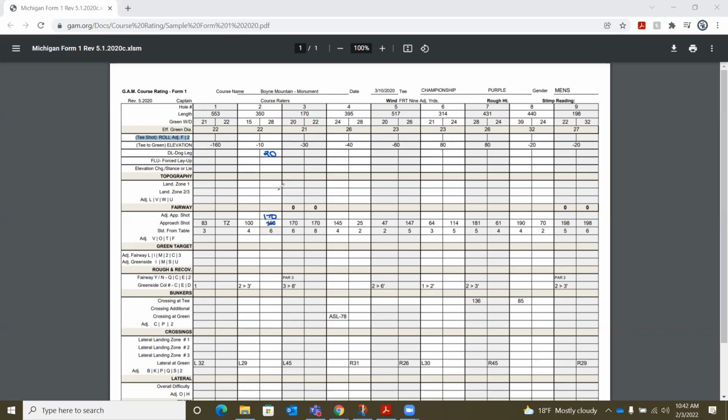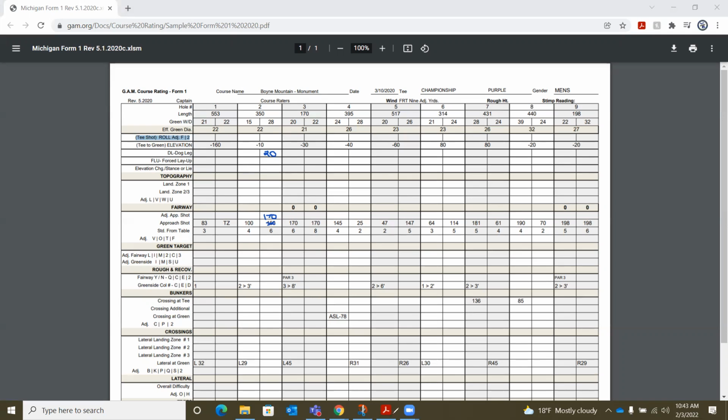And then likewise, if it's negative, I'll wait to do the negative one because negative can be a little confusing. So the other thing is, when we have a dog leg or a layup, we have other adjustments that we put in. There are a couple of other adjustments that go under R&R and fairway.